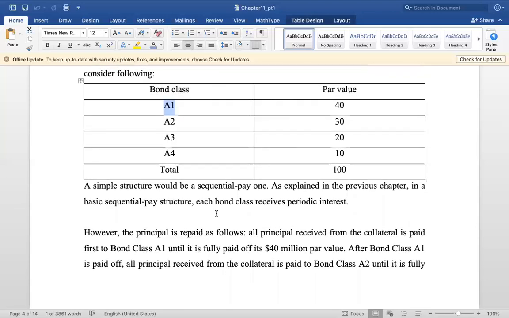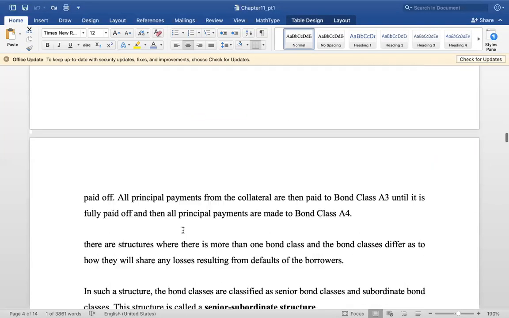A simple structure would be a sequential pay one like this, as explained in the previous chapter, that A2 will not be paid until and unless A1 is fully repaid, and then A3 will not be paid until A2 and A1 both are fully repaid, and so on. However, the principal is repaid as follows. All principal received from the collateral is paid first. This is the thing I just explained to you.